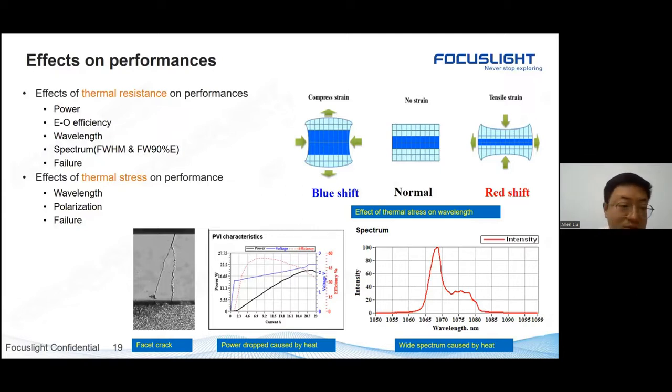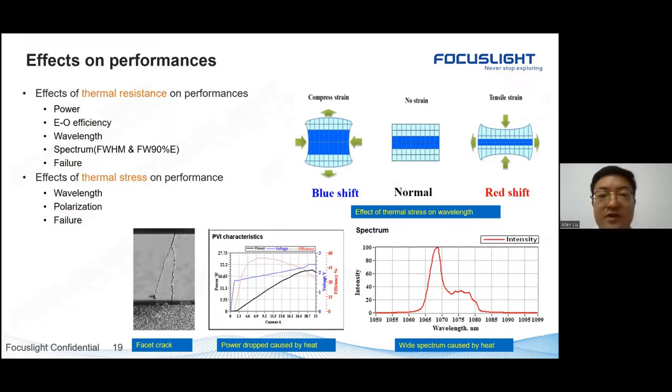The spectrum shape is very narrow, and device failure is reduced. When we get lower thermal stress, the wavelength shift will be lower, the polarization of the optics will be higher, and the failure will be less.